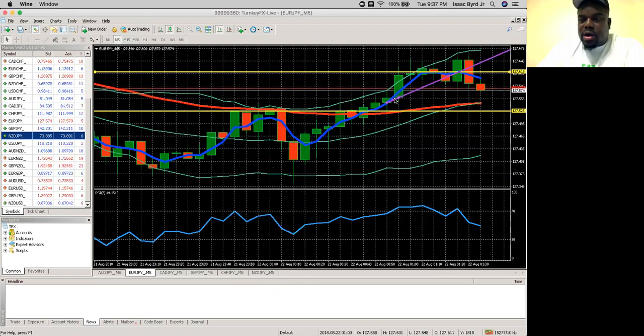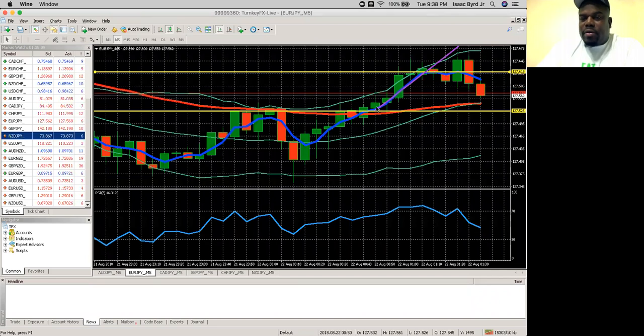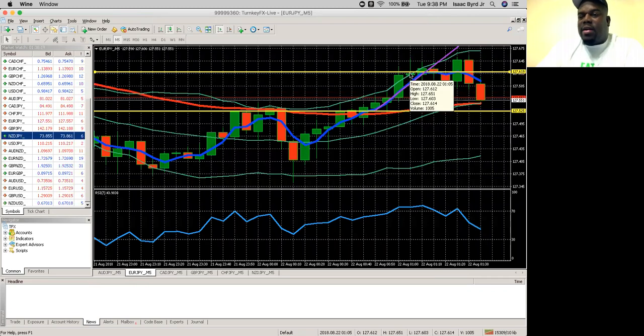All right, so I entered the trade. This trade was entered probably around here. And as you can see, it didn't take very long at all. Probably got out. So entered the trade here, 5, 10, 15.